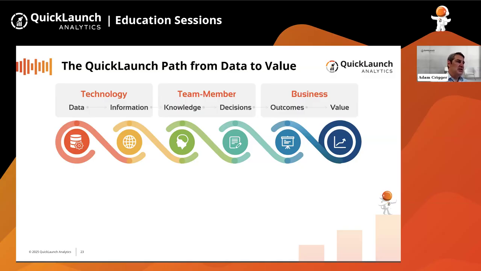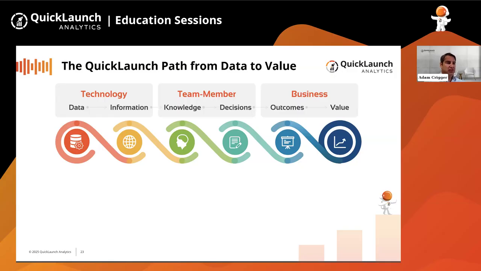It has to be translated into information, and the way to do that is through technology. Once that data is translated into information, it can then be transformed into knowledge. But that requires your people to make that transition from information to knowledge, because it's still people that really make decisions, right? With the right knowledge, we can make the right decision, and with the right decision, you can drive the right outcome.